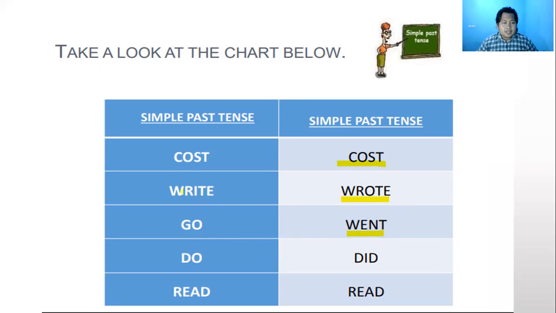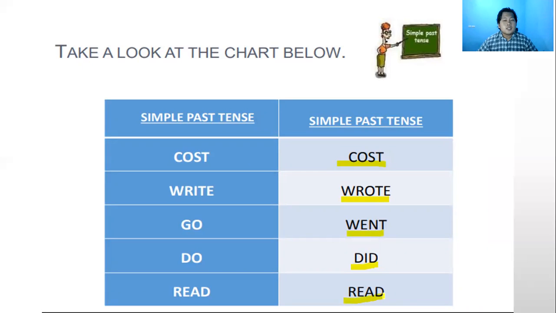So unlike write, where we have just changed I to O, with go we completely change the whole word. So from go to went, right? And in here, do, the past tense of do is did, not doed, D-O-E-D. We changed the spelling to did, D-I-D. Now the last word in here is read, which, like the first one, cost, we did not change the spelling of.